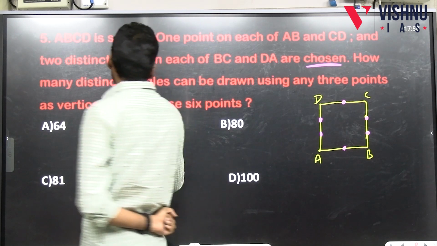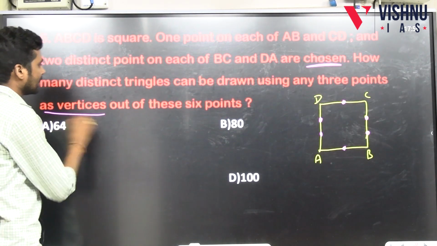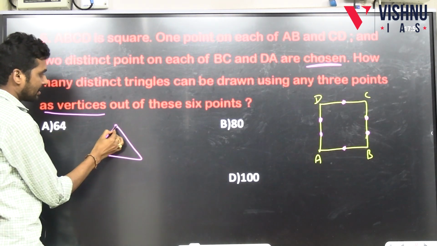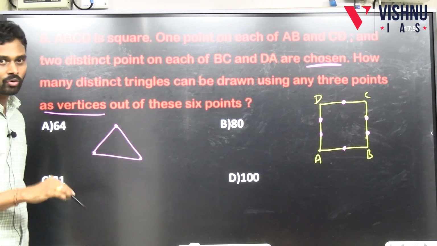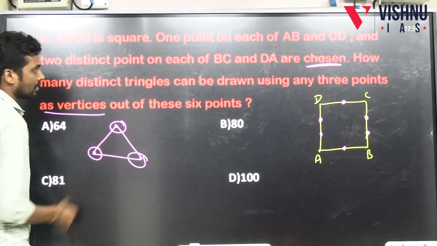How many different triangles can be drawn using any 3 points as vertices out of these 6 points? Vertices means that for a triangle, we call this the vertex. Vertex means the intersection of 2 lines. So this is vertex, this is vertex, this is vertex.